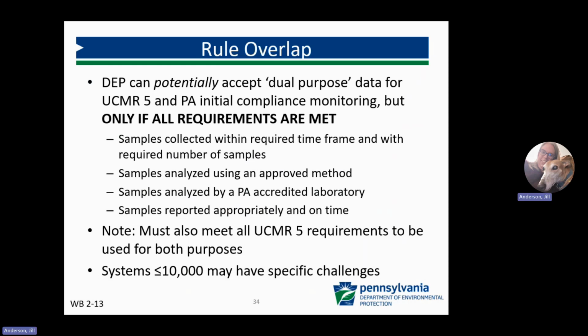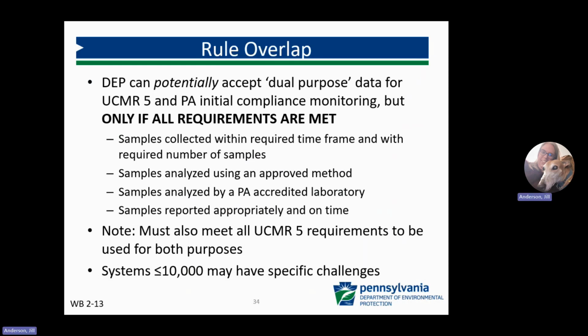It's also important to note that for systems serving less than 10,000, remember that EPA is selecting the UCMR 5 lab and paying for sample shipment and analysis. So this may complicate the water system's ability to use the data for both purposes.